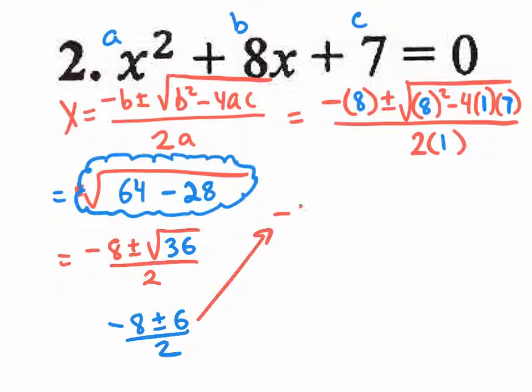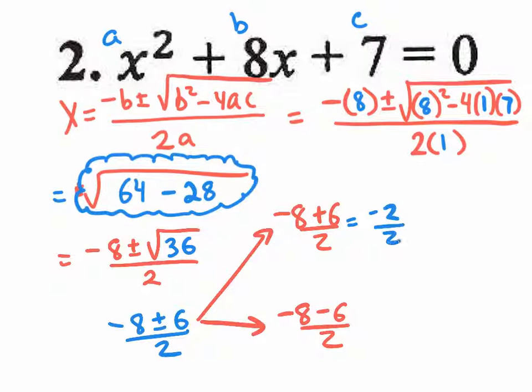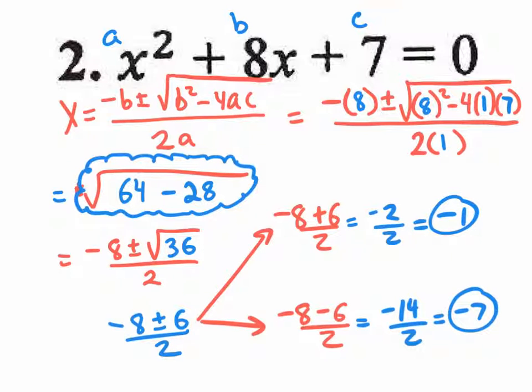You have the negative 8 plus 6 divided by 2, and you also have the negative 8 minus 6 divided by 2. So on the top one, we're going to get negative 8 plus 6, that's negative 2 divided by 2, which means that the answer is negative 1. And on the bottom one, we get negative 8 minus 6, that's negative 14 divided by 2. That answer is going to give us a negative 7. Those are your two answers, a negative 1 and a negative 7.